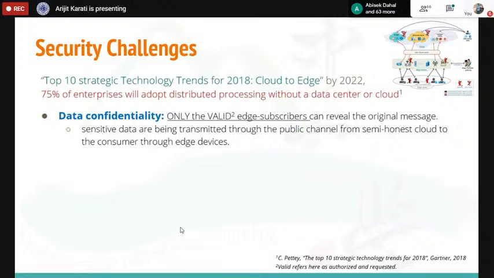The first is data confidentiality. Data confidentiality against whom? Against the user, or against what? Data confidentiality against the cloud and the edge devices. What does it mean here? It means the data should not be disclosed to any unintended user or device. We have to make sure that we can design such an algorithm.